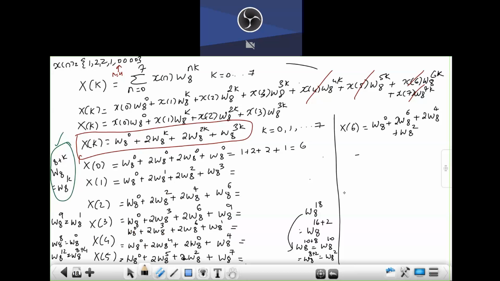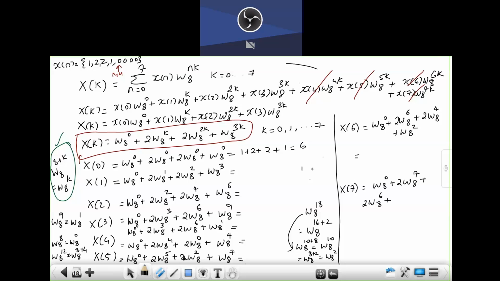So X of 7 is nothing but W8 power 0 plus 2 W8 power 7 plus 2 W8 power 7 into 2, 14. 14 you write as 8 plus 6, so W8 power 6. Plus W8 power 3 into 7, that is 21.